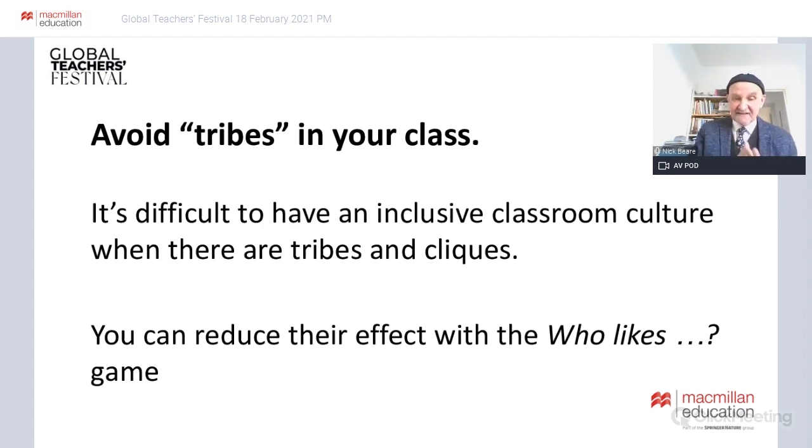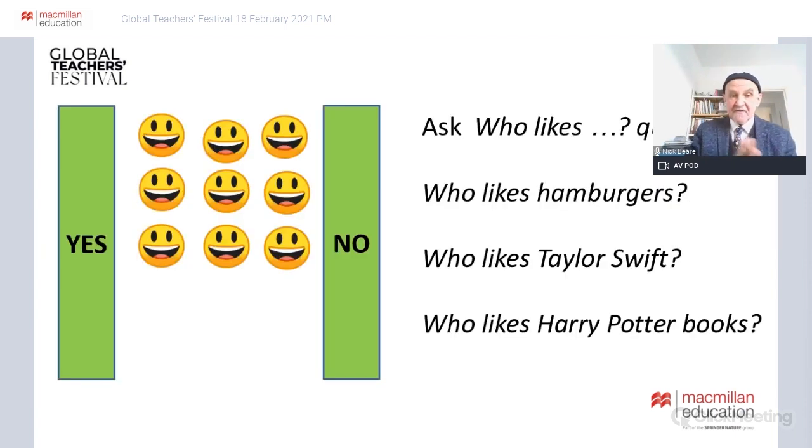Right, so it's a little 'who likes' game, very simple, nothing complicated about it at all. In a classroom in normal times, one side of the classroom is yes, the other side of the classroom is no, and all you're going to be doing is asking them questions: who likes hamburgers, who likes Taylor Swift, who likes Harry Potter books, etc.